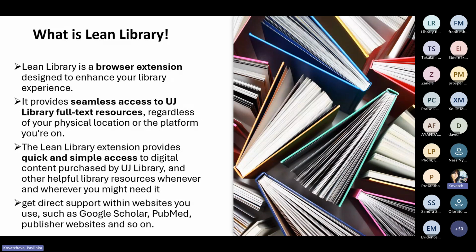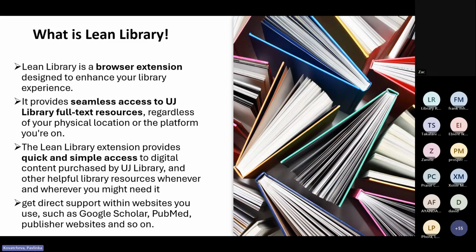As I mentioned, it does not matter where you are accessing from. You could be on any other platform like Google Scholar, Google, PubMed, or, for example, some of the academics start from a specific publisher. They will go to that publisher's website and search from there.